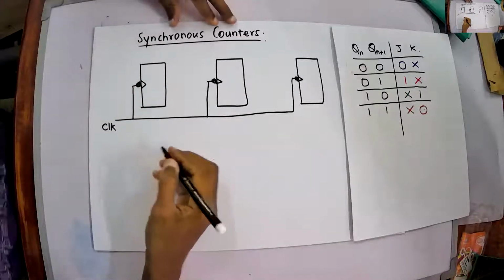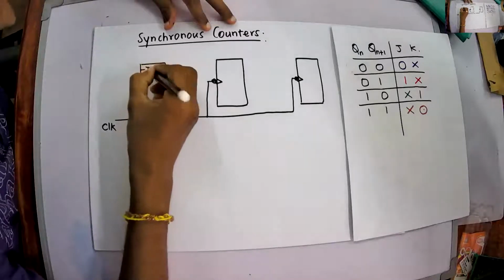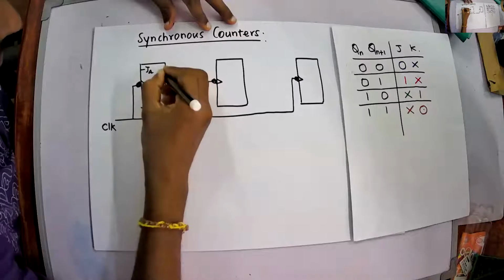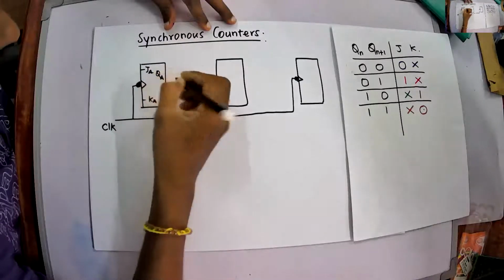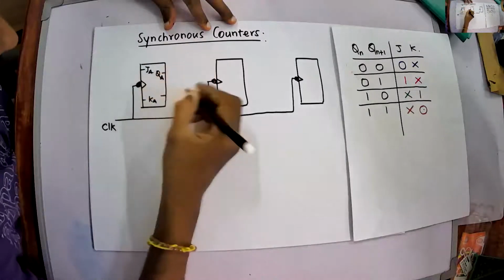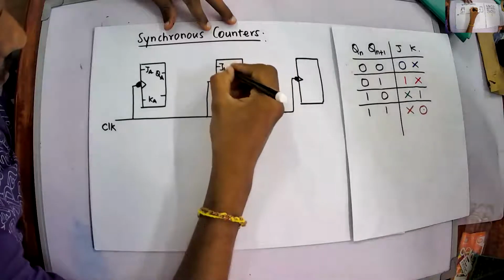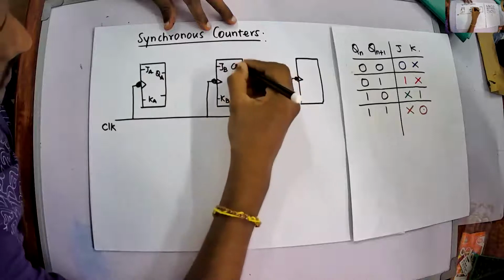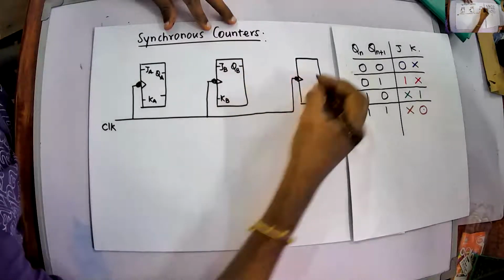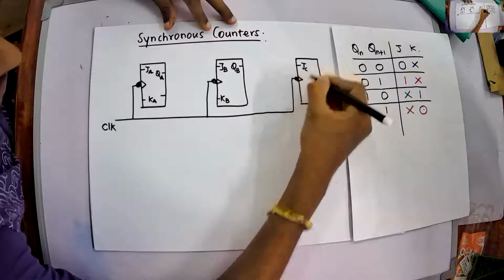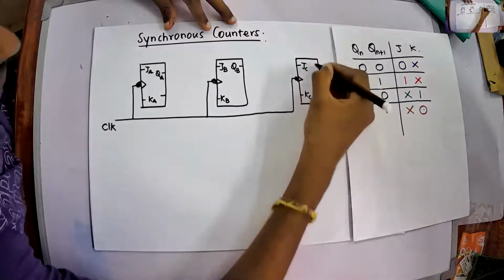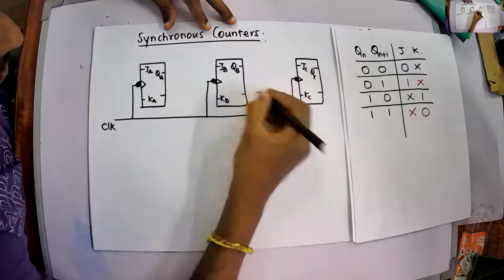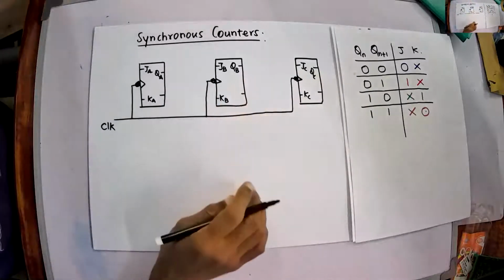This is my clock, and I have JA, KA. This is QA and QA bar. Right below, I will have QA bar. This is JB, KB. This is QB and QB bar. JC, KC, this is QC, and then I have QC bar at the bottom as well.